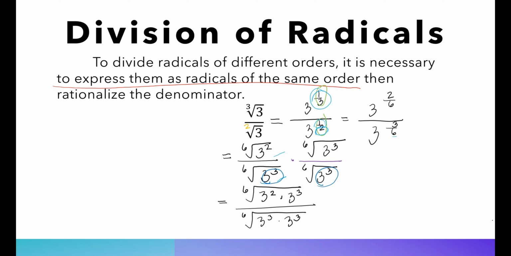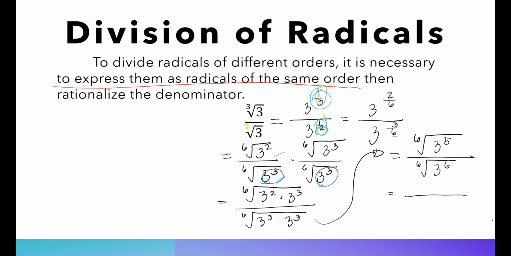Simplifying this further, the numerator would be equal to the 6th root of 3 raised to 5, because 3 squared times 3 cubed is equal to 3 raised to 5. And then the denominator would be equal to the 6th root of 3 raised to 6.